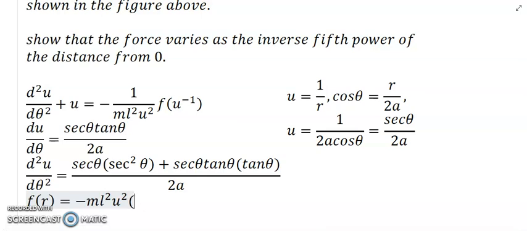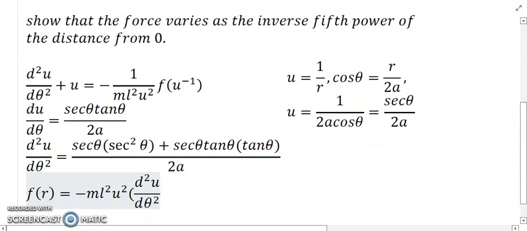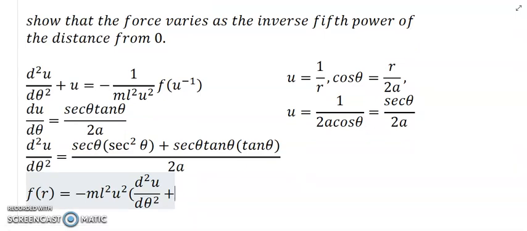the second derivative of u with respect to theta, d squared u over d theta squared, plus the variable u.